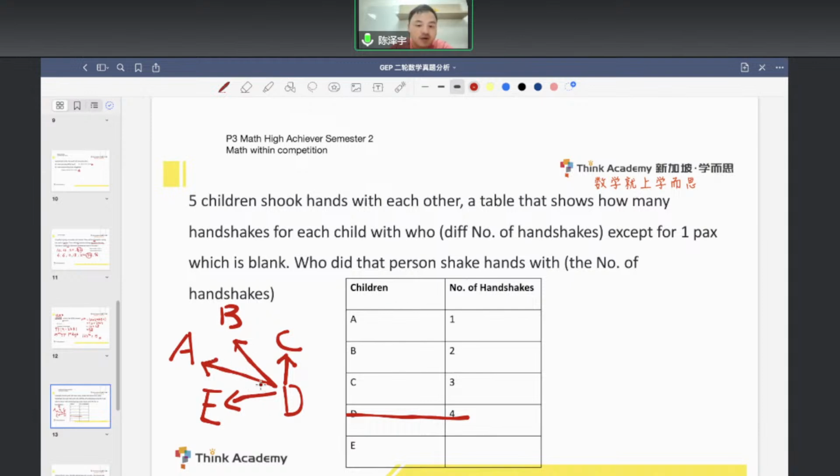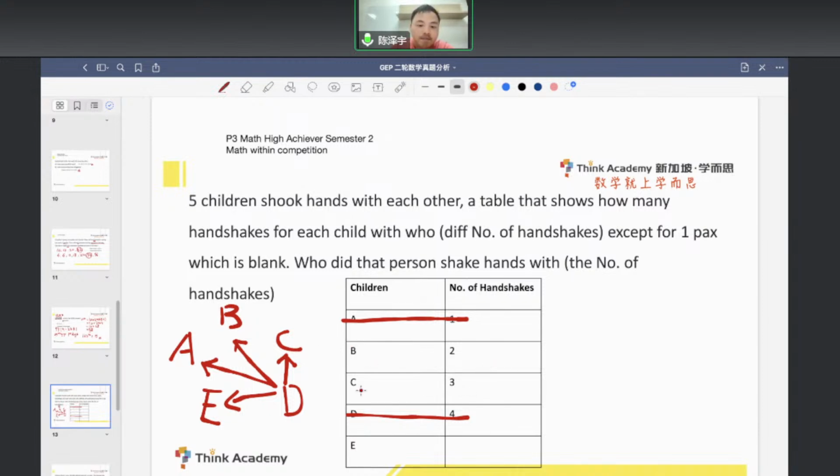From our diagram, we see that A has shaken hands with D, so they no need to shake hands again. A is already marked out in the diagram as 1 time, so I can cancel out A. Then next, B shakes with 2 people. We know that B shook with D already, but we don't know whether B shakes hands with C or with E. Now I just leave B aside first.